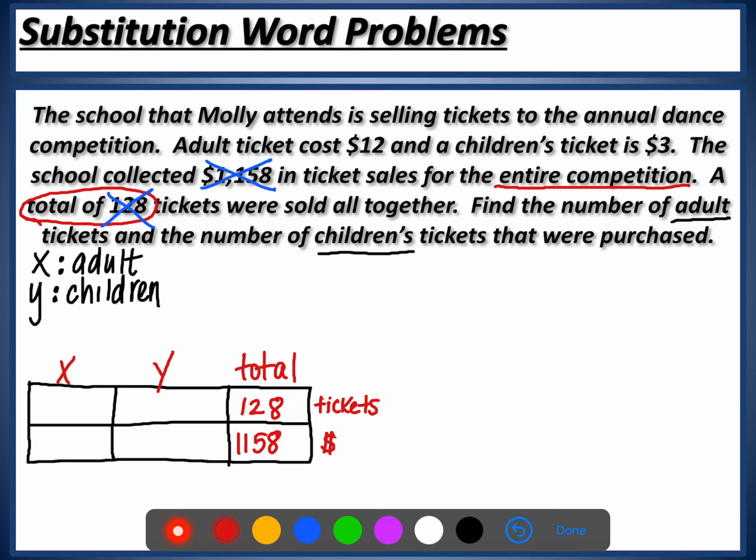So I see 2 other dollar amounts. It says adult tickets are $12 and children's tickets are $3. Okay, so remember adult was my X. So I have 12X plus 3Y for my children's tickets, which give me that total of $1,158.